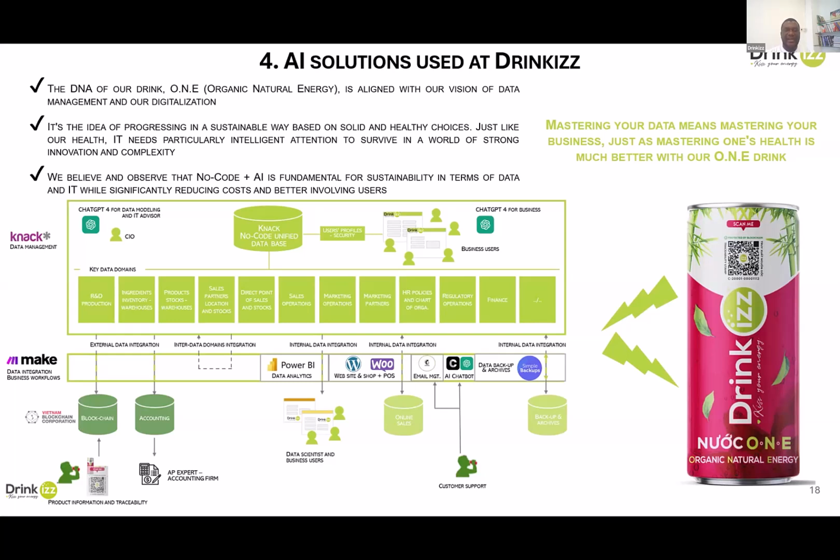To automate data integration, we use Make, and all of the data that we store in O.N.E, we back up using a no-code tool called Simple Backup. The no-code and AI tools help us improve our process, reduce cost, and improve user productivity. For more information about our IT infrastructure, you can contact me and I will explain each level in depth.